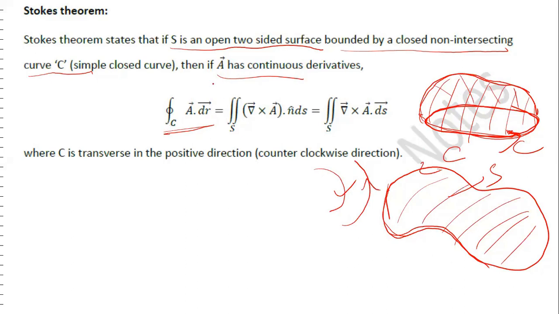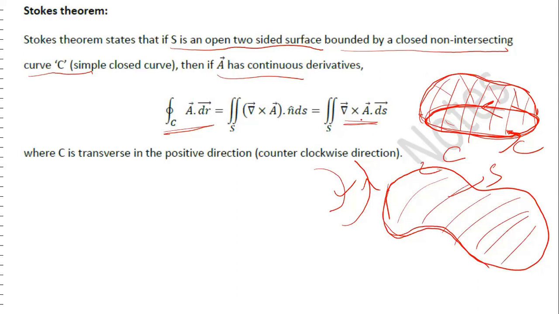So the loop integration of the vector field along such a simple closed curve equals the surface integration of the curl of the vector field A.